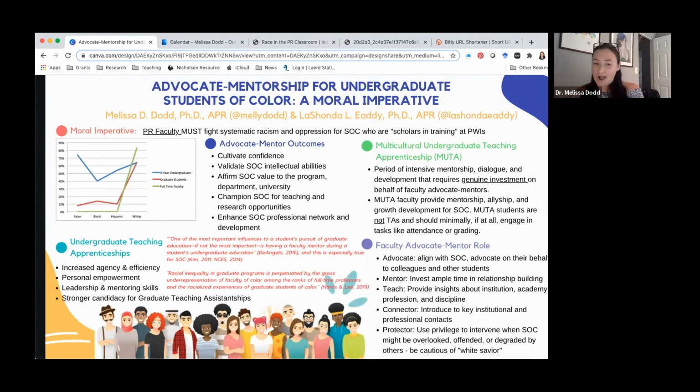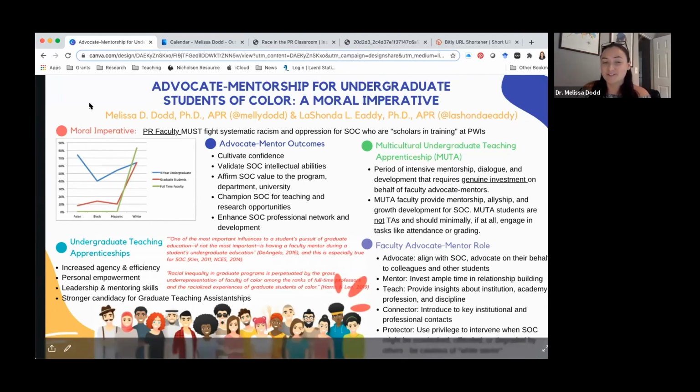Advocate mentor outcomes, specifically for students of color, have resulted in demonstrating confidence, validating students of color's intellectual abilities, affirming the value of students of color to the program, department, and university, serving as a champion for students of color for teaching and research opportunities, and ultimately enhancing students of color's professional network and professional development.